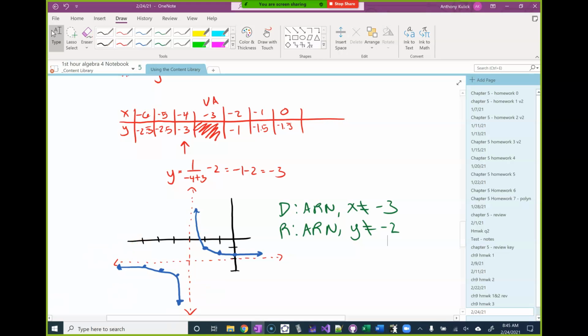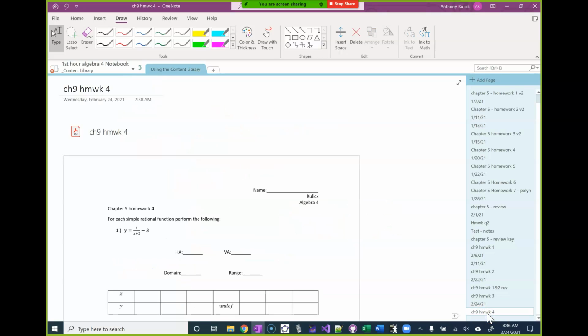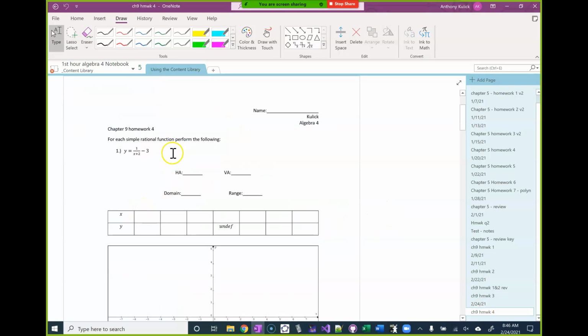So for next time, homework 4, I have 6 of these graphing problems for you to try. I ask you to list the horizontal and vertical asymptotes, to list the domain and range, fill in the XY table with the vertical asymptote in the middle, and then have a place to draw your graph.